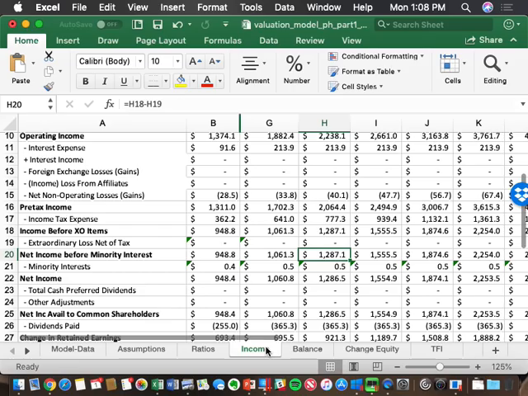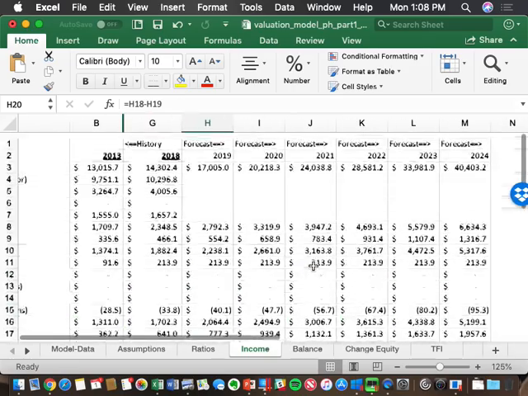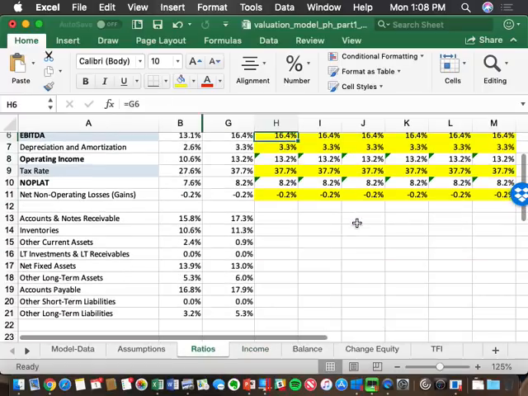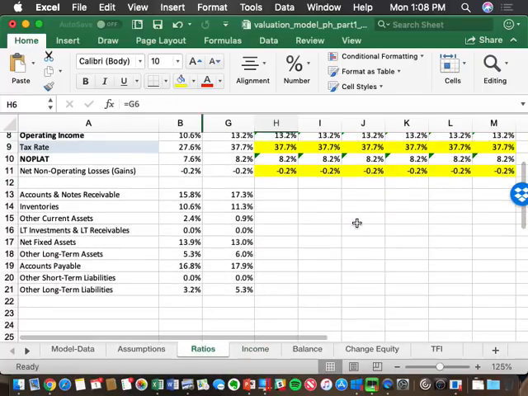Now that we have a forecasted income statement going through 2024, we need to do the same thing for the balance sheet. Let's go back to the ratios. As I said at the beginning of class, basically all of these balance sheet ratios are a percentage of sales. McKinsey and others would argue that's not academically ideal. Accounts and notes receivable as a percentage of sales makes sense, but inventory should probably be closer to a percentage of cost of goods sold, because that's the driver off the income statement.